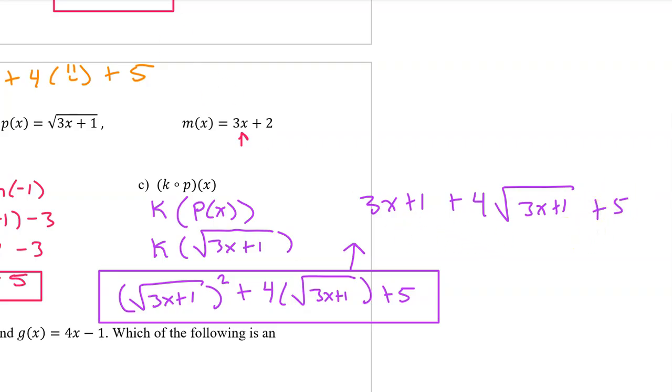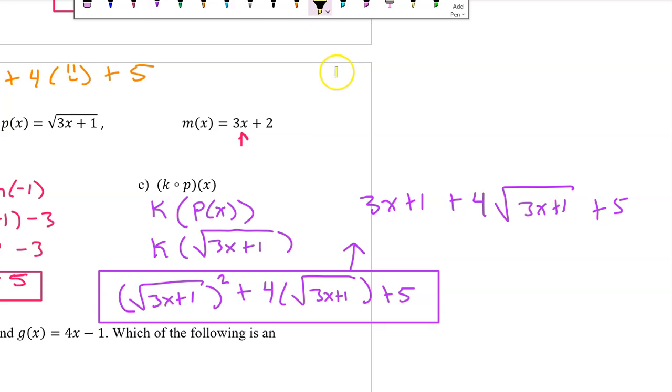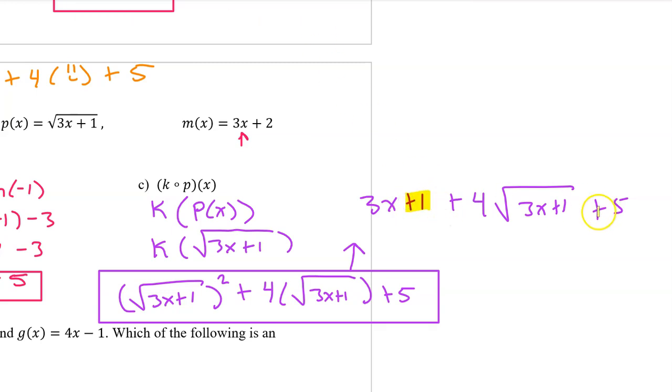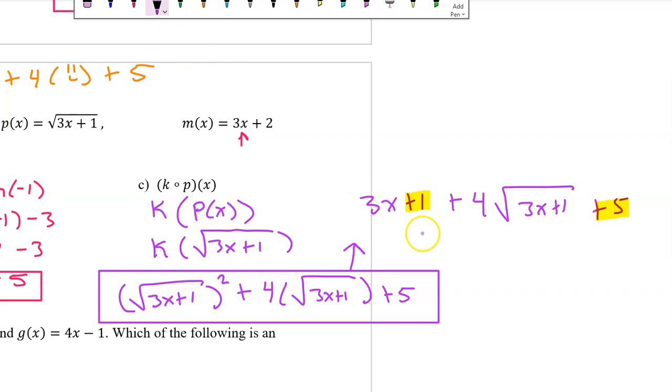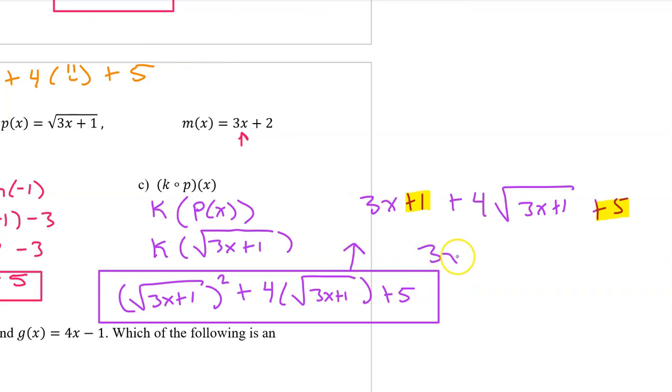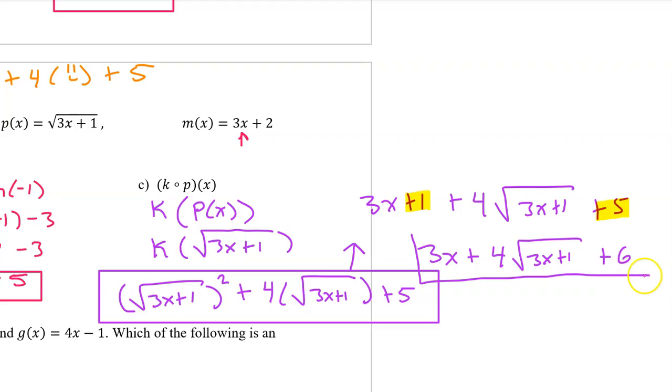And now that I look at it, we can simplify a little bit more because we do have these like terms right here. So that's going to give you 3x plus 4 times the square root of 3x plus 1 plus 6. So this is a more simplified answer.